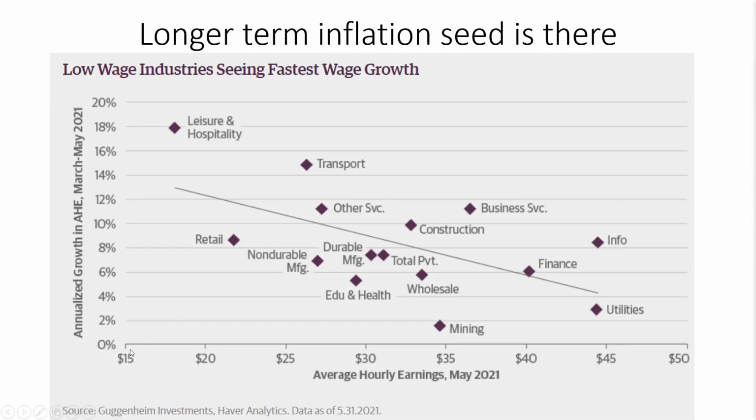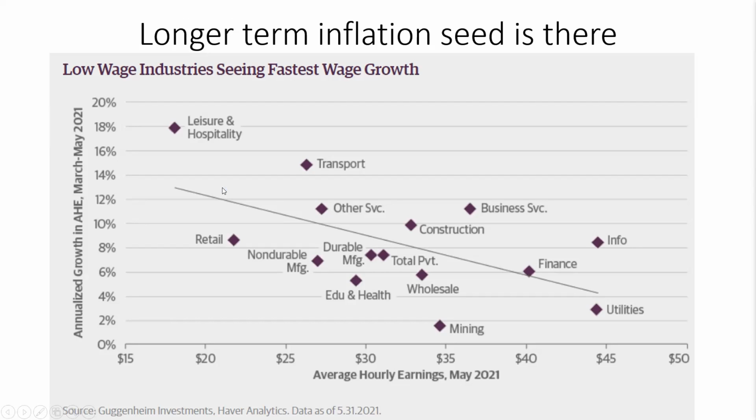What you can see is that because you're competing with stimulus checks, on that $15 an hour minimum wage, leisure and hospitality employers are going to have to pay a lot more than they used to, because if I can make the same thing staying at home, I'm going to stay at home. So now the businesses are sometimes competing with the government in terms of payment. So you can see it.